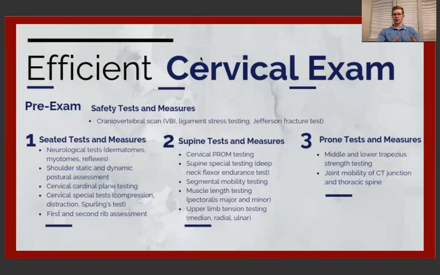Then most likely the patient is starting in a sitting position, so you do your seated tests and measures. If it follows a normal exam sequence, then you have the patient in supine, and finally in prone. After that, you should give them the diagnosis and start with the treatment. So it goes from sitting, supine, prone, and then right away into the most appropriate treatment and plan of care for that patient.